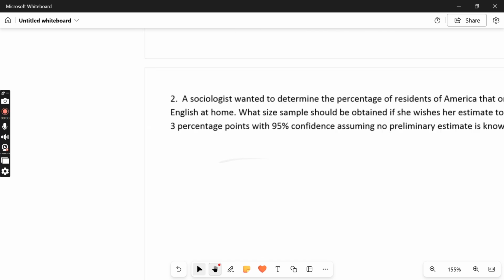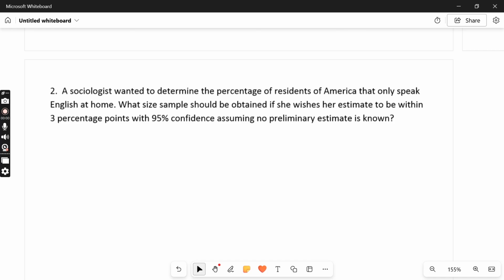There it is. Okay, a sociologist wanted to determine the percentage of residents of America that only speak English at home. What sample size should be obtained if she wishes the estimate to be within 3 percentage points, 95% confidence, assuming no preliminary estimate is known? If no estimate is known or it doesn't give you one, we just use 0.5.